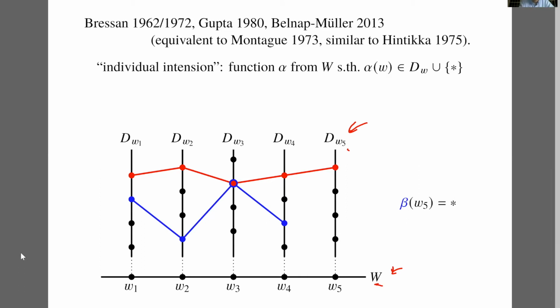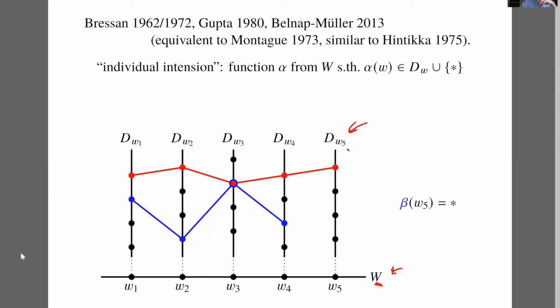One part and another family of things that exist in each world. And then individual intentions are, pretty much in a Carnap way, functions or partial functions from those worlds to those domains of individuals.